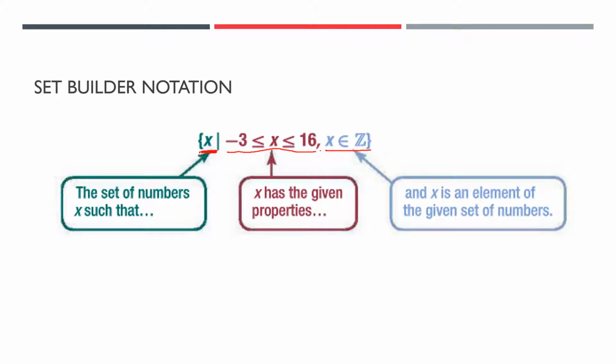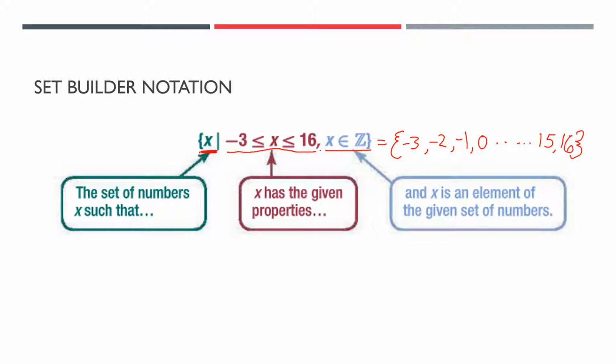So then you can actually know from this information that this is the set of -3, -2, -1, 0, and it keeps going all the way up to 15 and 16. And then we can close the set.